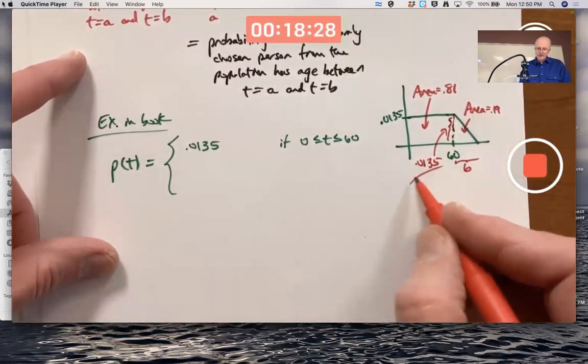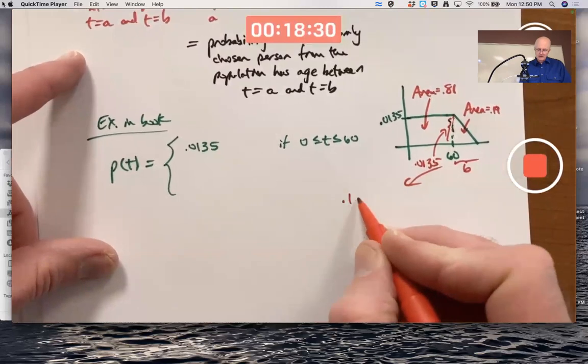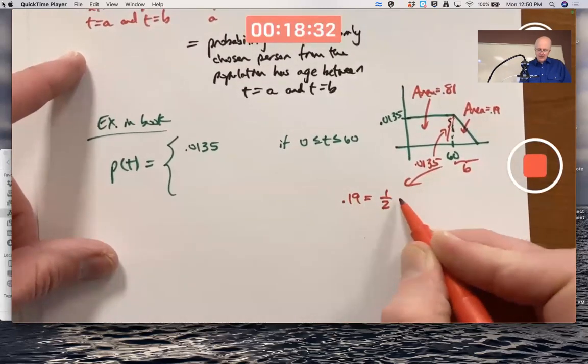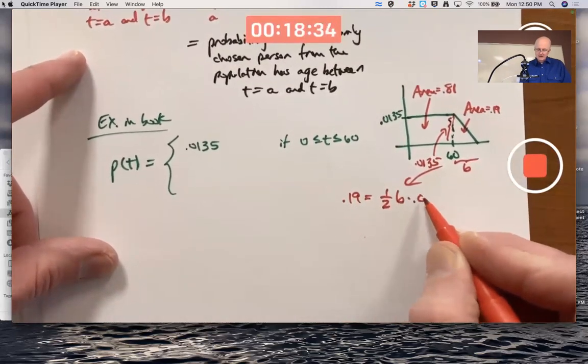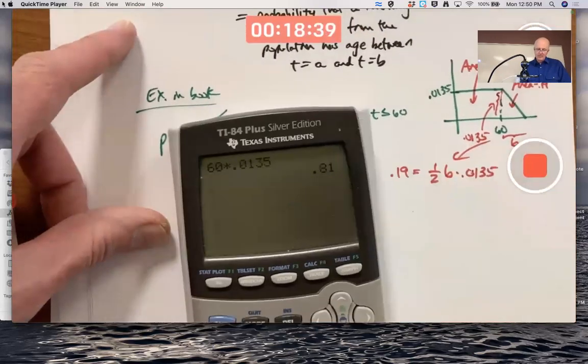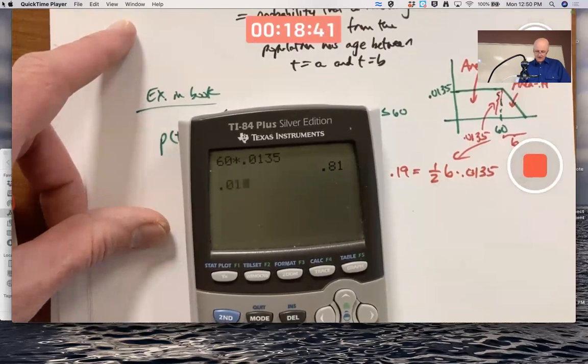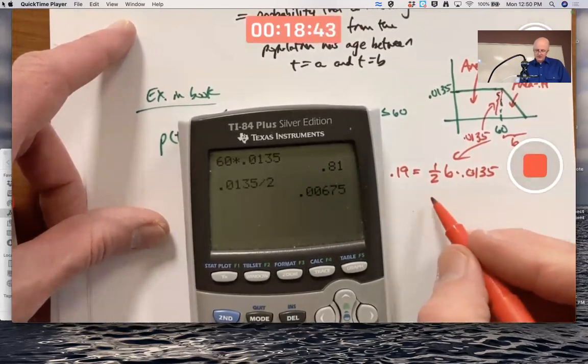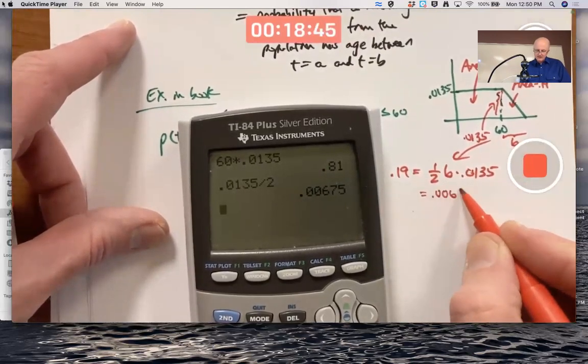But I know the formula for the area of a triangle is 1/2 base times height. 0.0135 divided by 2 is 0.00675.